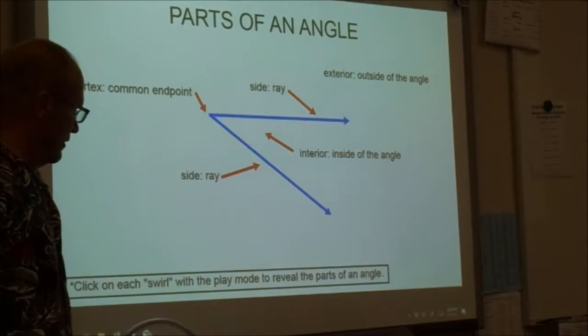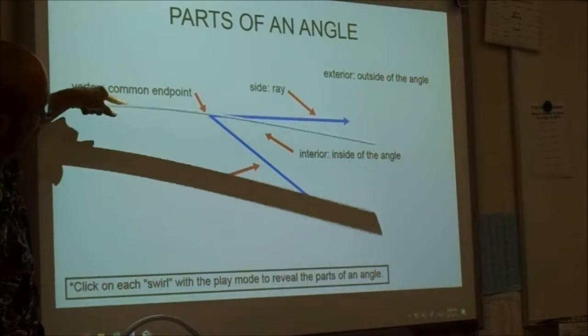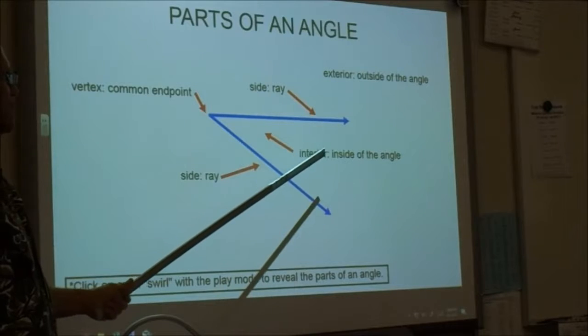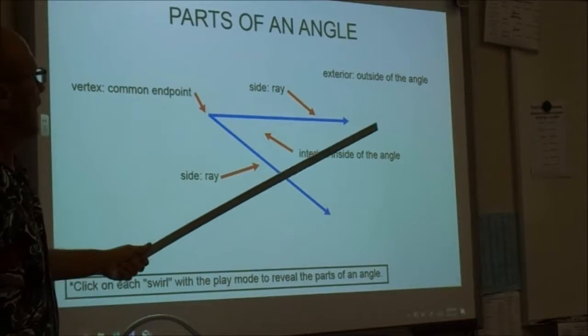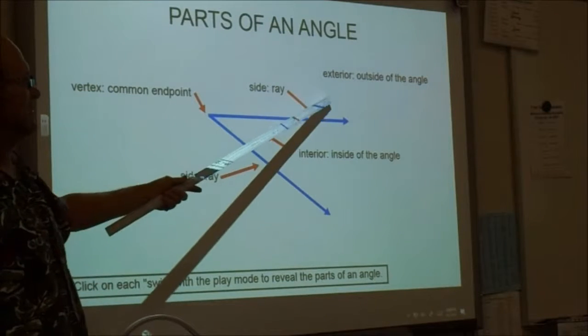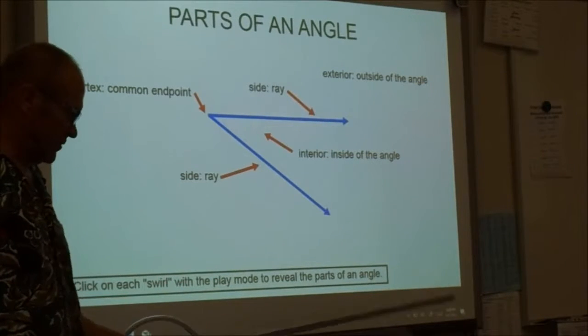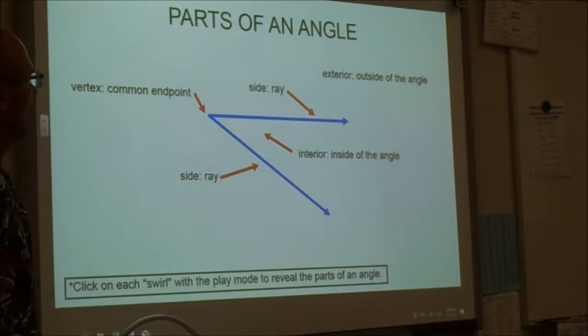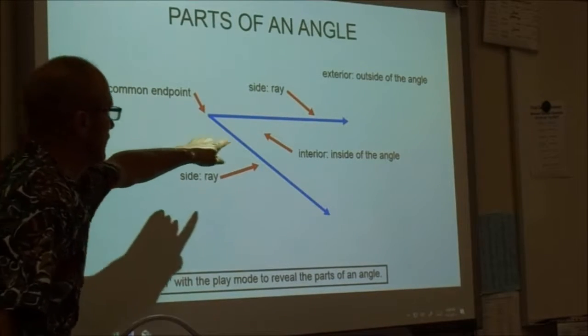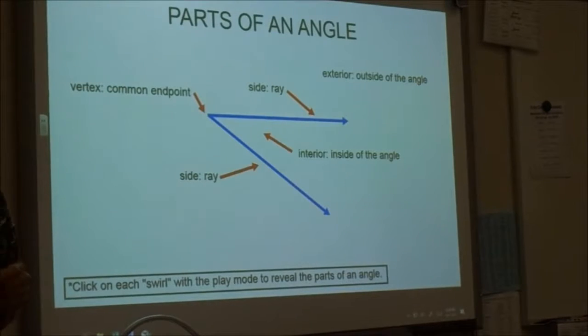And finally, there's the interior, which is all the area inside. This is a two-dimensional shape of the area. And then if you go outside the rays, that's called the exterior, or the outside of the area. So if they ask you for the exterior, or if they say a point is on the exterior, it has to be out here. The points of the interior have to be over there.